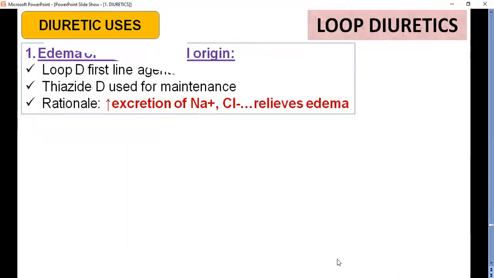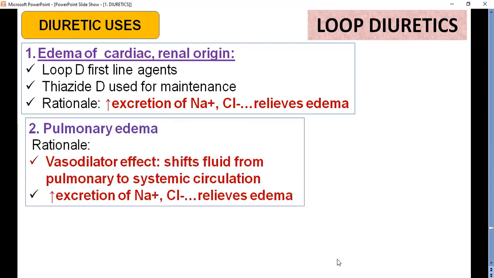Uses of diuretics. These are used for the treatment of edema of cardiac and renal origin. Loop diuretics are the first line agents because they help to reduce edema by increasing the excretion of sodium and water.